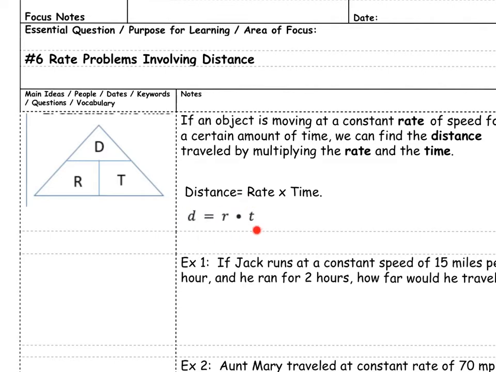So here's distance equals rate times time. That's how most people set it up. But we could also write distance divided by rate equals time, or distance divided by time equals rate, depending on what you're looking for.